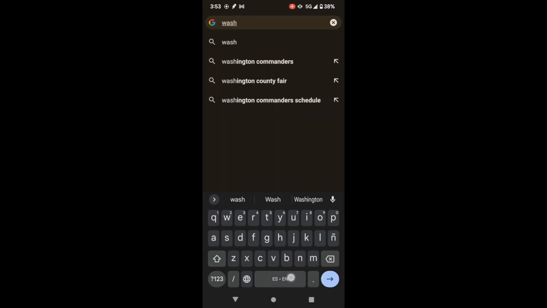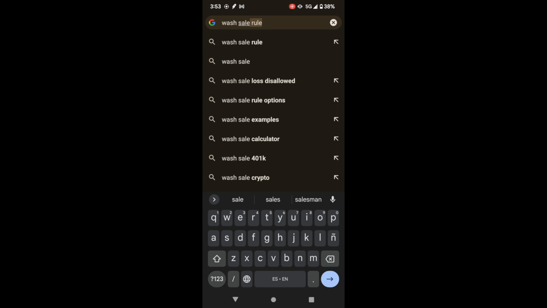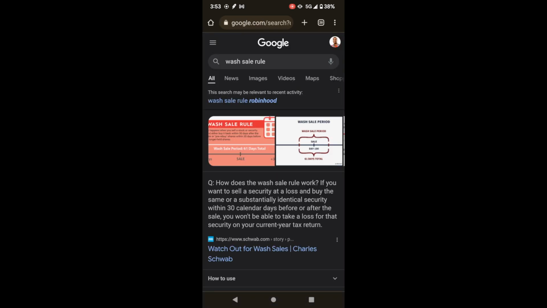And so we actually Google this, and a wash sale, and a lot of gurus won't tell you this, a wash sale is if you buy a security, you sell that security at a loss, and within 30 days, you buy the exact same security, then it's considered a wash sale, and the IRS won't let you take that loss out of your taxes.